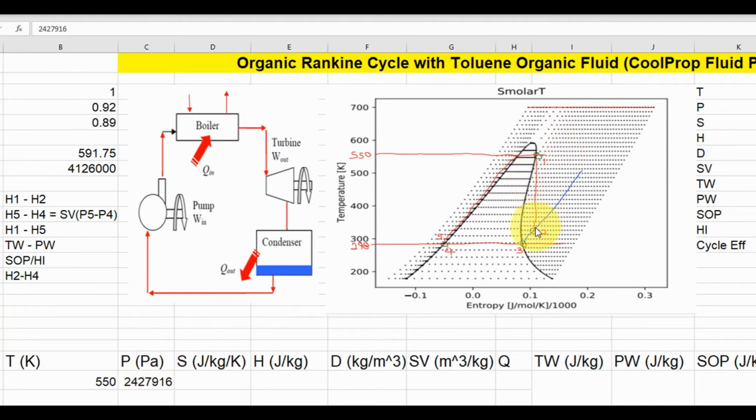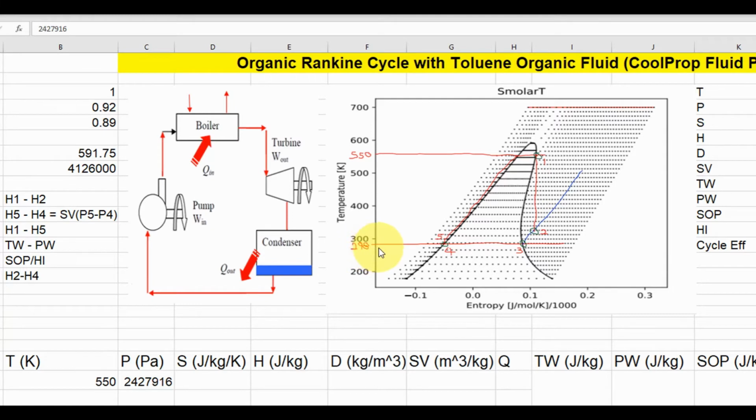And then at point 2, the fluid is leaving the turbine, and at this point we don't know what the temperature is, so we need to find it. However, we know that the condenser temperature is 298 Kelvin.